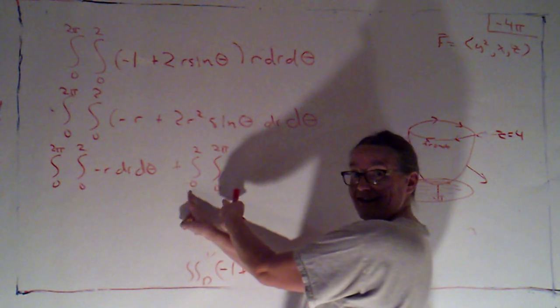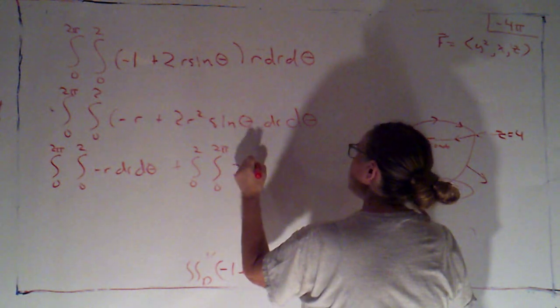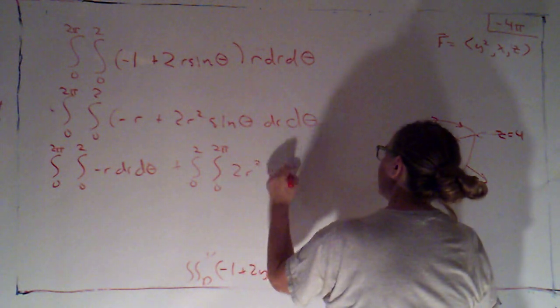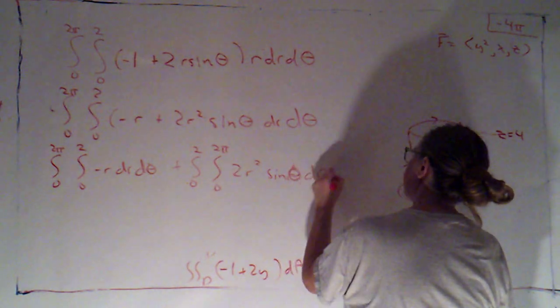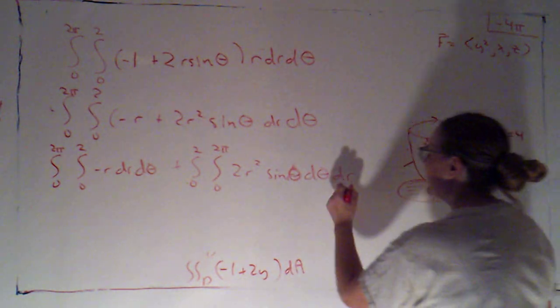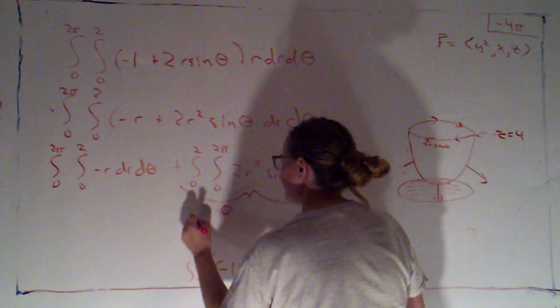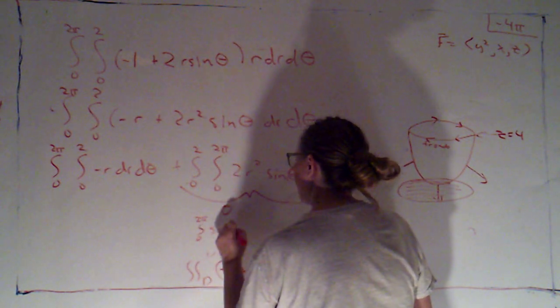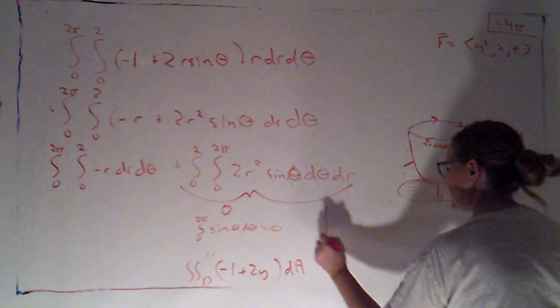So I'm going to Fubiniize here so that I can integrate with respect to theta first. 2r squared sine theta d theta dr. And now I can just say that's 0 because the integral from 0 to 2 pi of sine theta d theta is just 0.